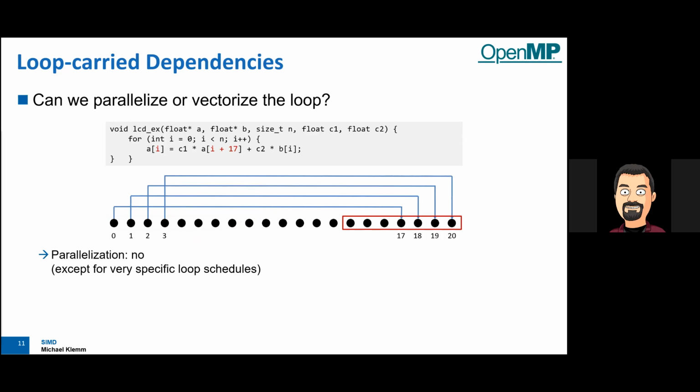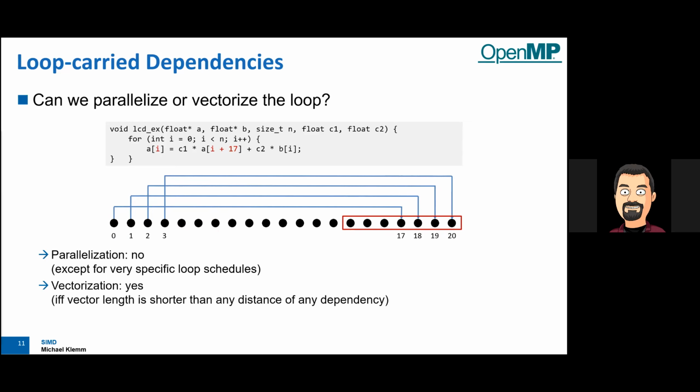By the time you hit the iterations where you see the effect of your loop carry dependency, you have already processed the source iterations of your data dependency. So that means, yes, you can vectorize these kinds of things, but only if the vector length is shorter than any distance of any dependency.